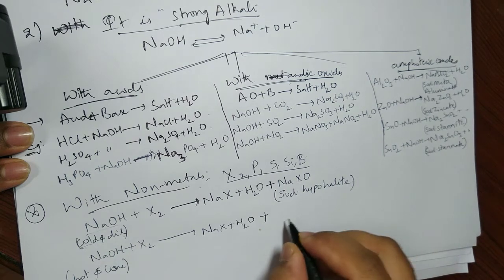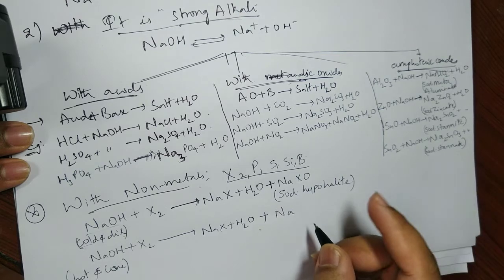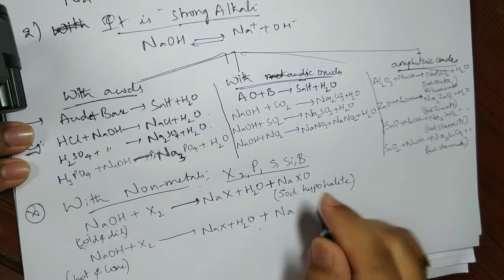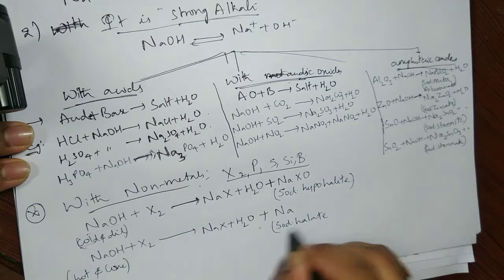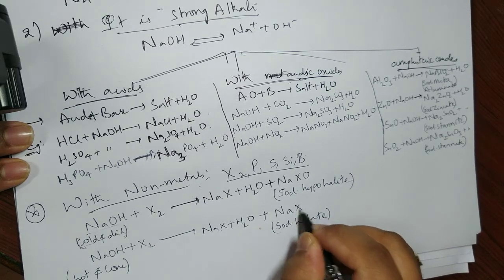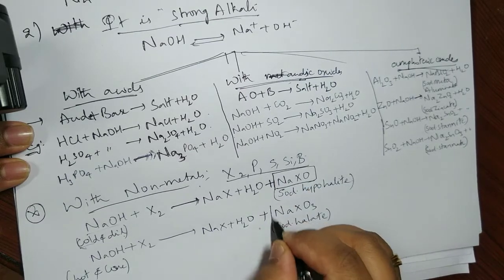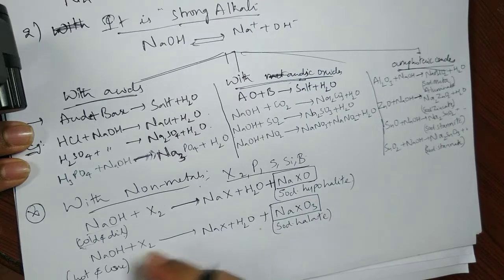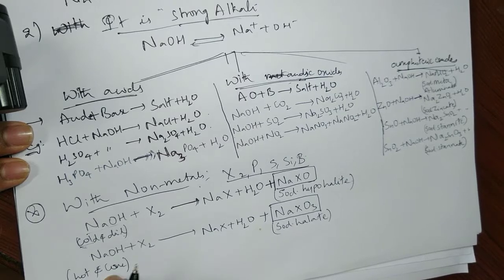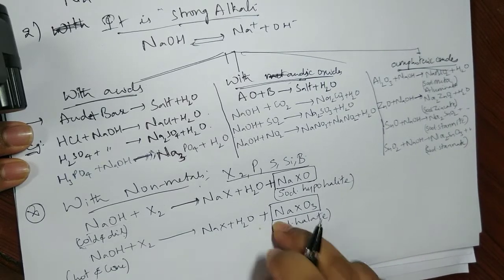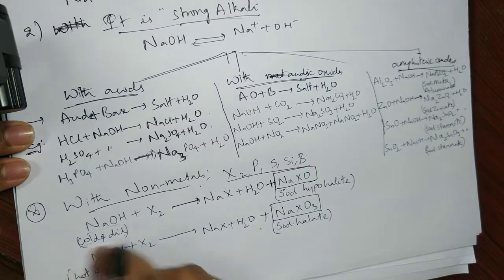Apart from this, I also get sodium halate, NaXO3. So here is the difference, remember the difference. If I use cold and dilute, sodium hypohalite. If I use hot and concentrated, sodium halate, NaXO3. NaXO or NaOX, it all depends upon cold and dilute.